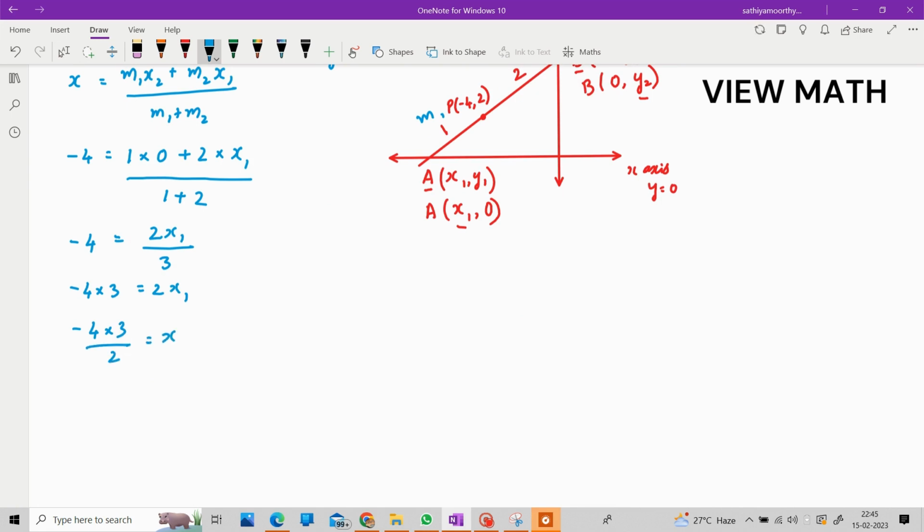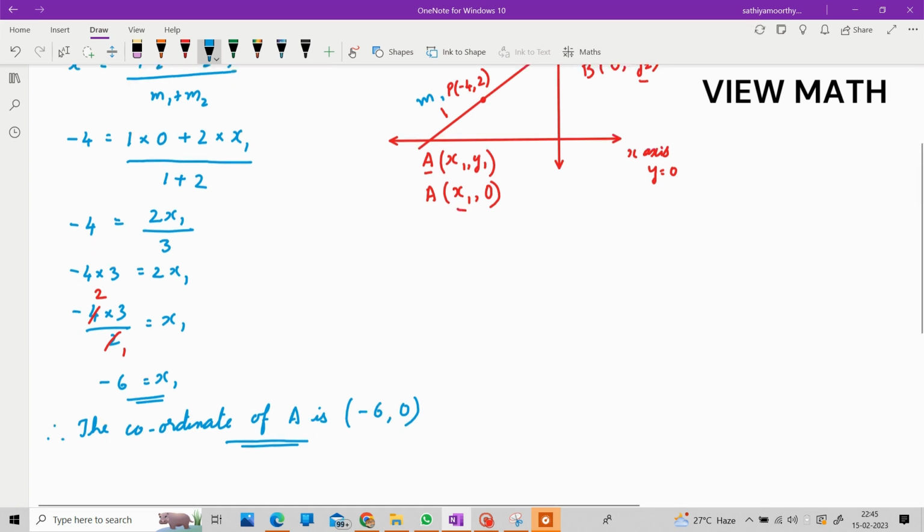The 2 cancels with the 4, and 2 into 3 is 6, so it is -6. So x1 is -6. Therefore, the coordinate of A is: the x1 value is -6, and the y1 value is 0 we know. So we have found out the coordinate of A.